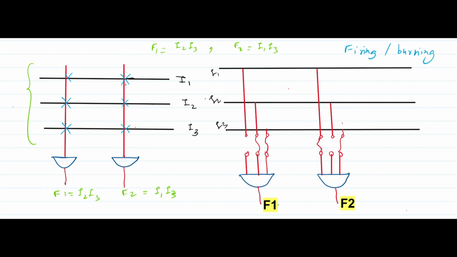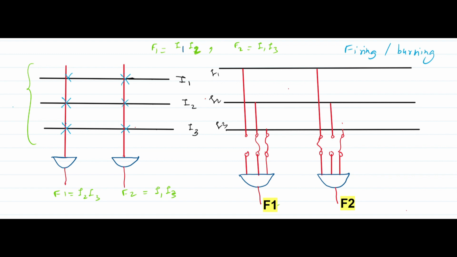Now after resetting, suppose I want my f1 to be I2. It is I2 I3 initially, right? Now I want it to be I1 I2.